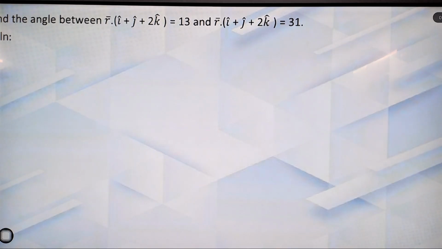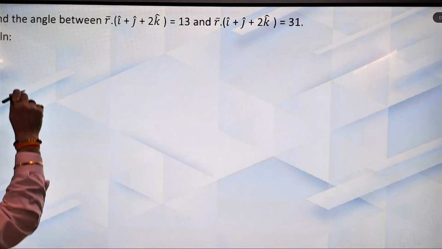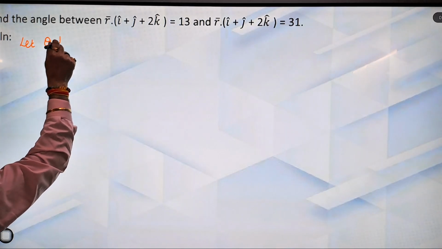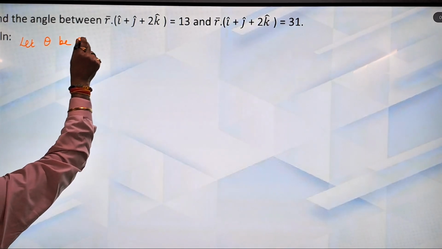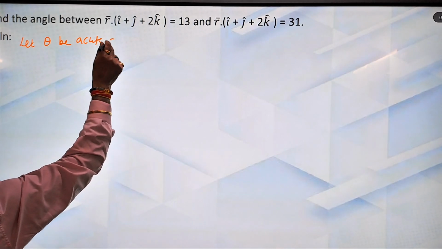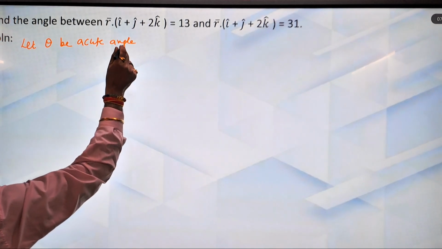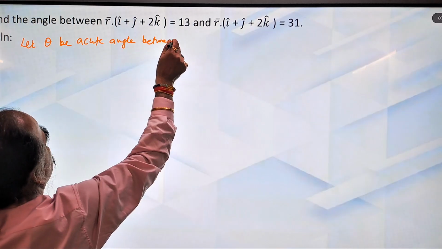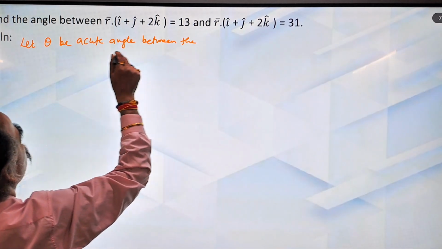Find the angle between r bar dot (i + j + 2k) = 13 and r bar dot (i + j + 2k). Let theta be the acute angle between the two planes.